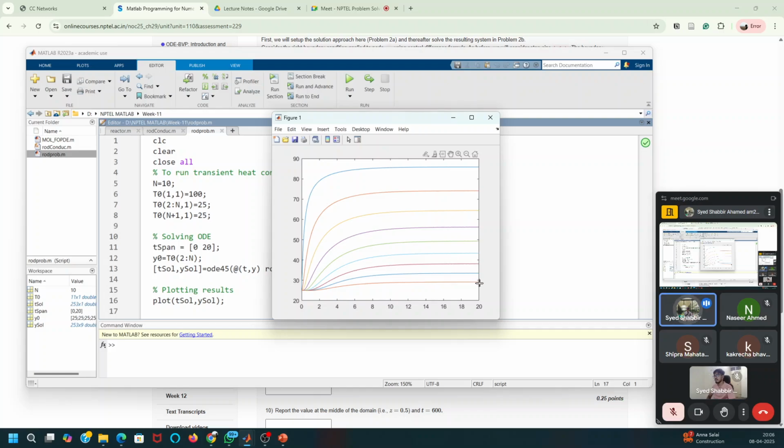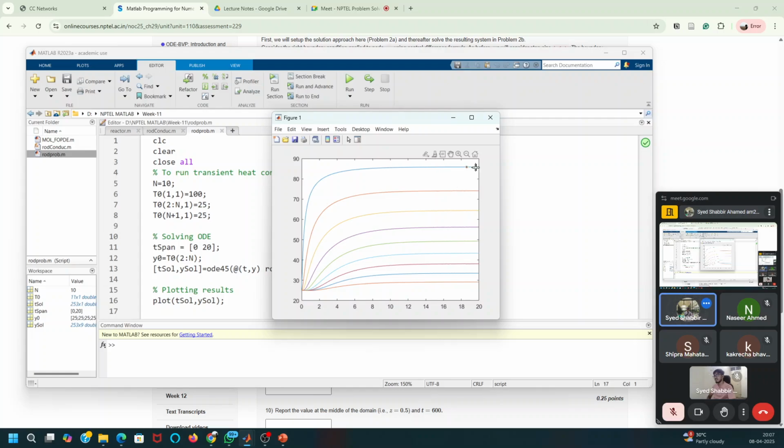The last but one node reaches a steady state at 29.1. Now you can see that everything is converging. After some point of time, everything is becoming a constant. When everything becomes constant with respect to time, then we can say that the system has reached the steady state.